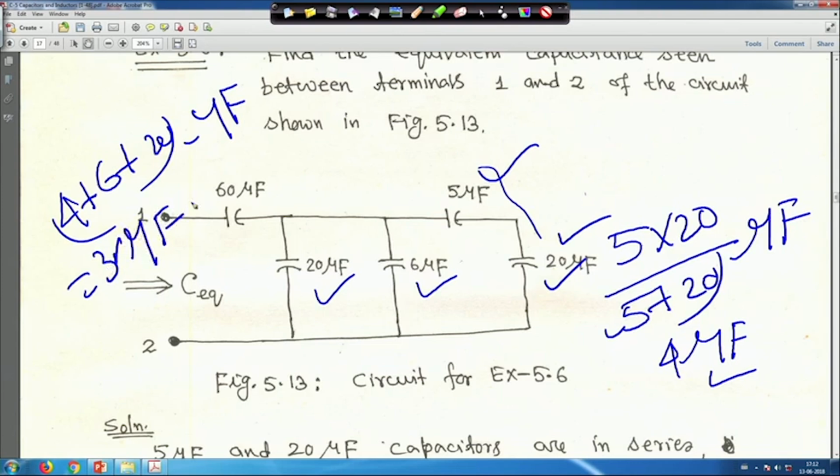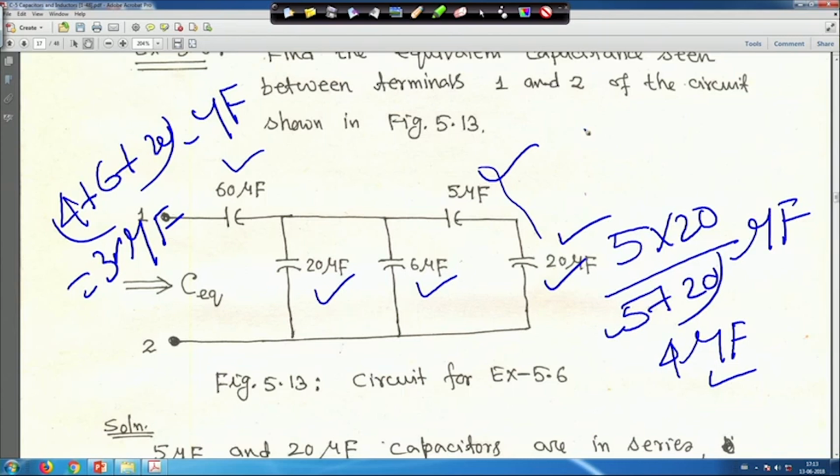And with that, the 60 and 30 again are in series. So, at that time you have to go for a parallel-style combination. This will be 30 microfarad, and again we will see 60 and 30, if you add them up, because they are in parallel.